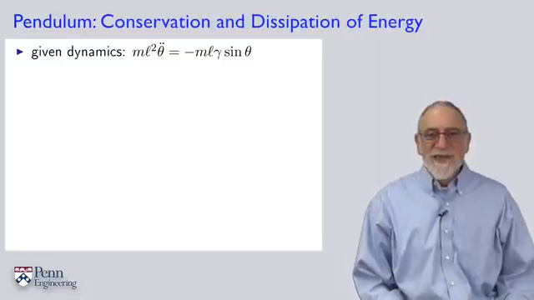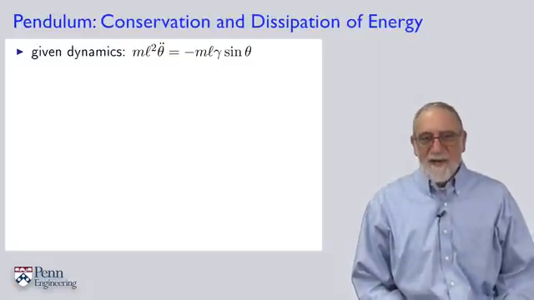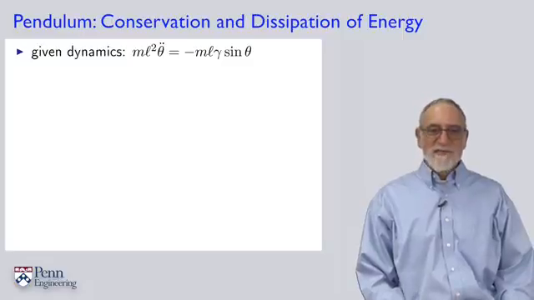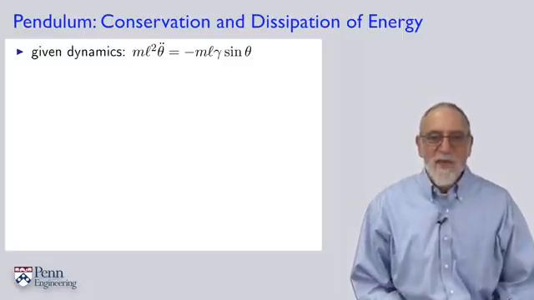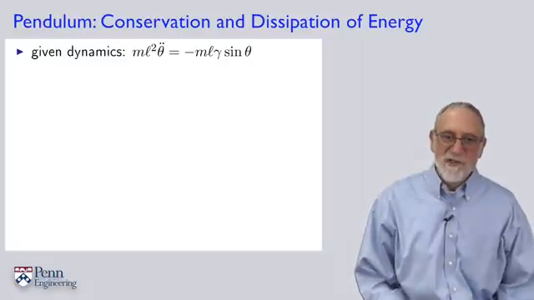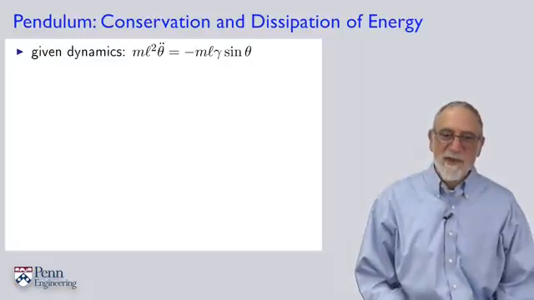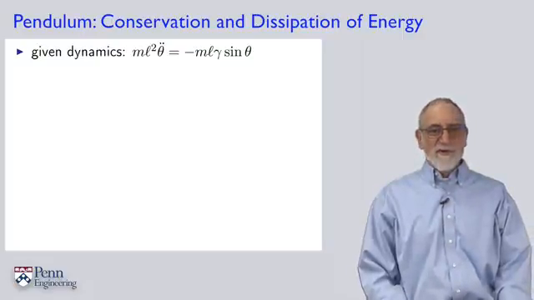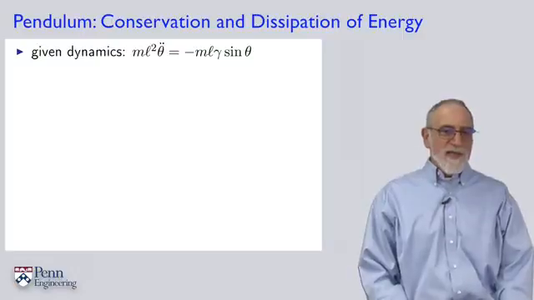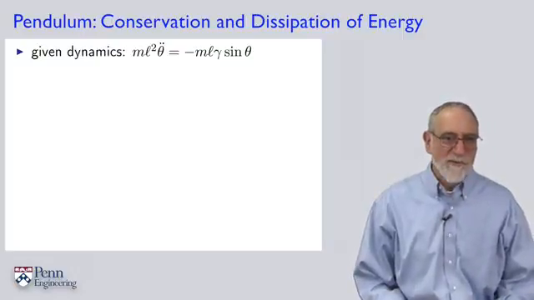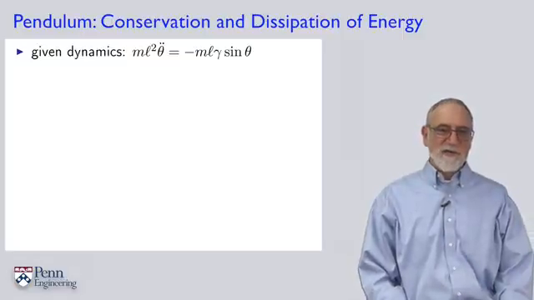Well, we could agonize about solving this differential equation. We're given the dynamics, ml squared theta double dot equals this right-hand side function sine theta. But we'll find that the mathematicians have discovered a while ago that these nonlinear systems cannot be solved in closed form the way the linear systems can be solved in closed form.